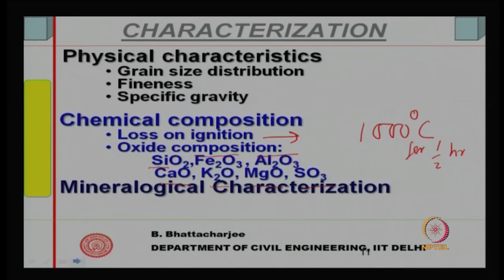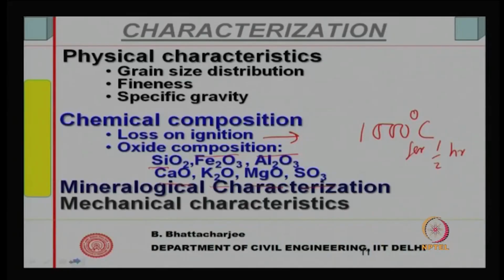Mineralogical characterization: largely this material should be amorphous, but there are some amount of minerals present. Of course, the percentage of amorphous material is most important, the more the better, but still we look at the mineralogical composition, whatever minerals are present, by X-ray diffraction.